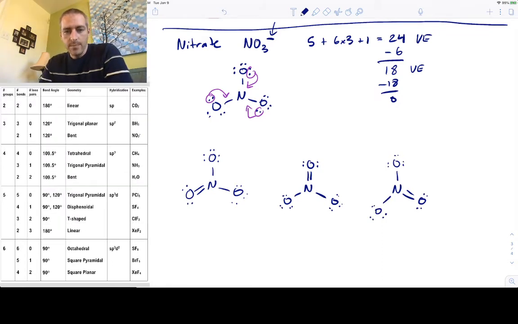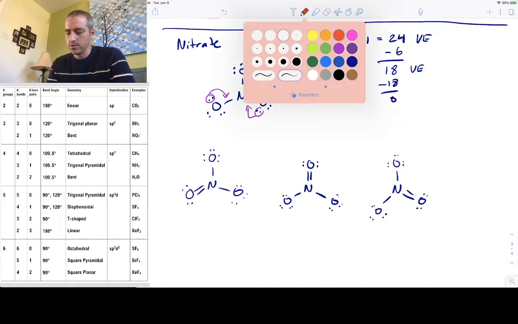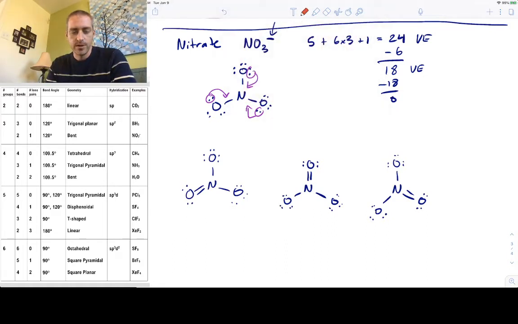The next step is for all 3 of these, we would do like we did in the last example and try to use formal charges to figure out which is the best structure. I'm going to do this really quick because hopefully by now you guys know how to do formal charges. But the oxygens in this and this will have -1, the nitrogen +1.